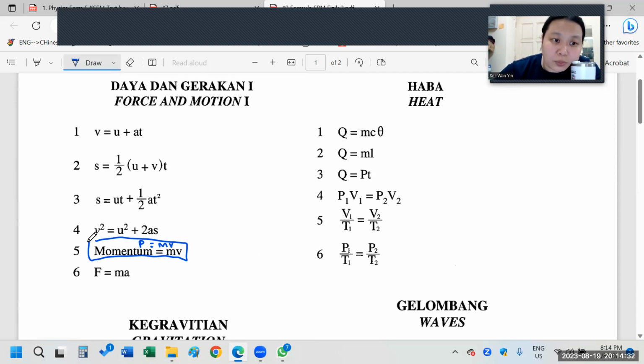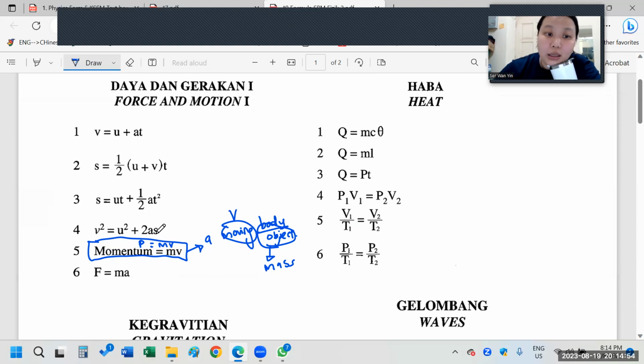So actually what is momentum? Simplify it, we can say it is a moving body or moving object. When we say object or body, it means it has mass. Moving means it has velocity.